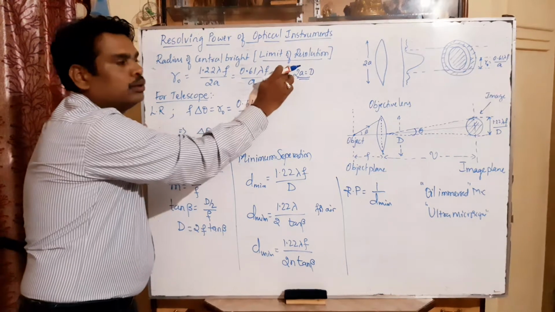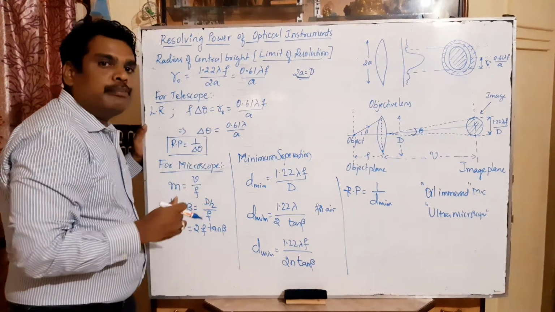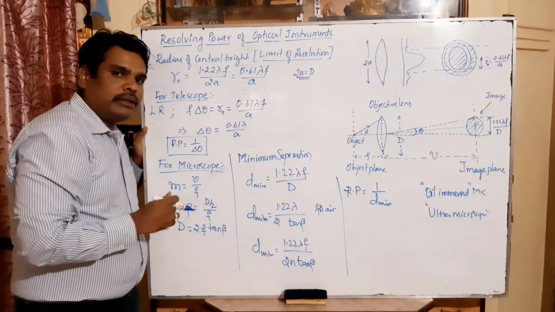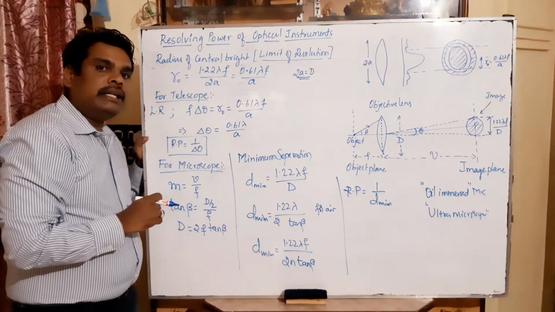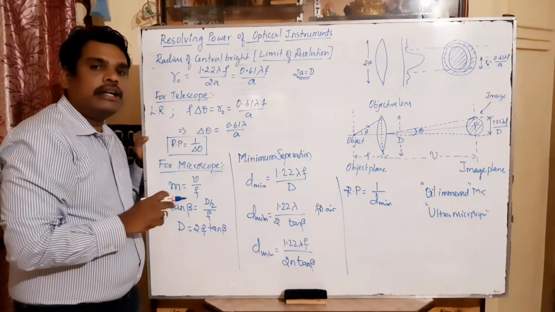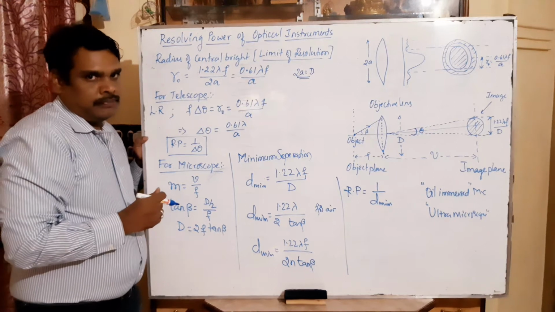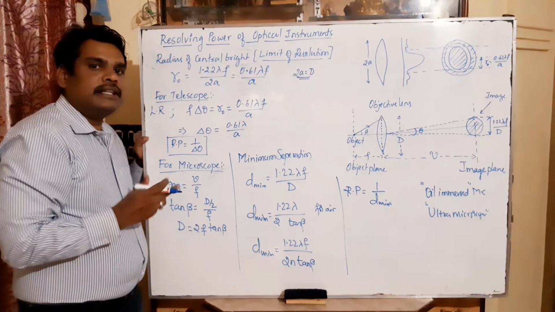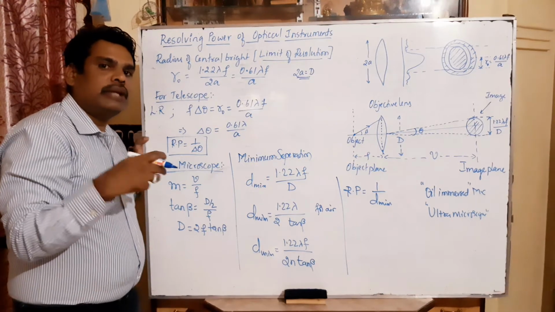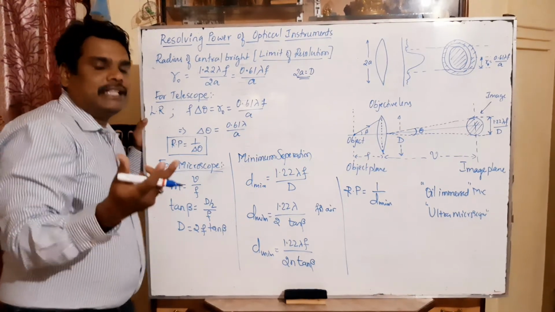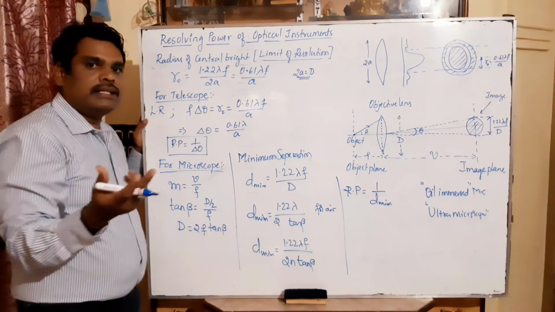This value decides the resolving power of the optical instrument. You know the definition of resolving power: it is the ability to converge or diverge the incident parallel beam of light. For a convex lens, it is the ability to converge; for a concave lens, it is the ability to diverge. That capacity or ability of the lens is said to be the resolving power.